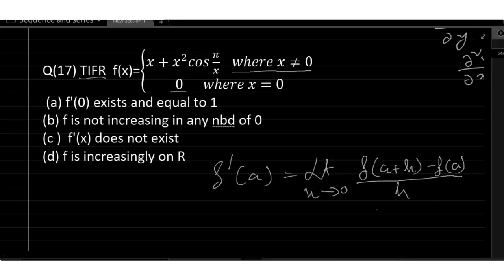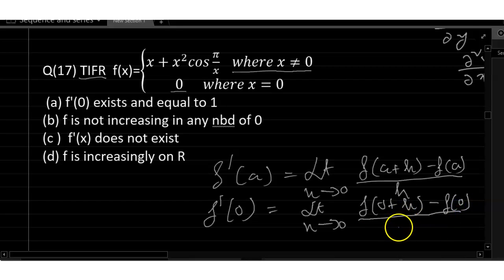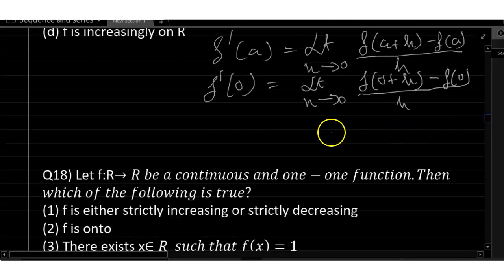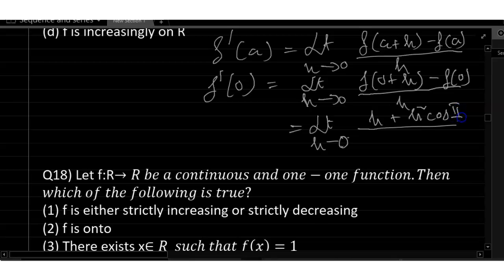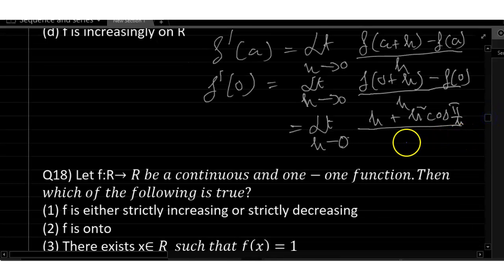So f dash 0 is equal to limit h tends to 0 of f(0 plus h) minus f(0), divided by h, which equals limit h tends to 0 of (h plus h square cos(pi by h) minus f(0)) divided by h. We must remember f(0) equals 0 according to the question, so it is 0 divided by h.